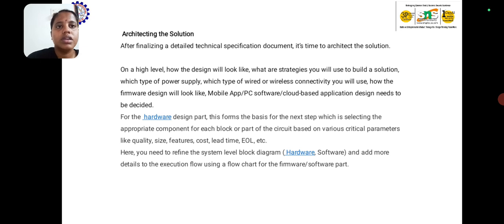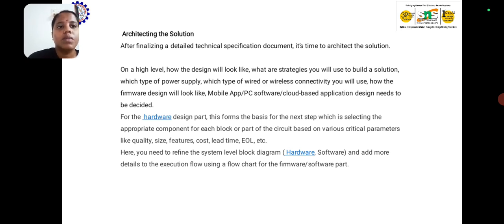After finalizing the detailed technical specification document, it's time to architect the solution. On a high level, how the design will look, what strategies you will be using to build the solution, which type of power supply, which type of wired or wireless connectivity you will use, how the firmware design will look, and whether a mobile app, PC software, or cloud-based application needs to be designed.